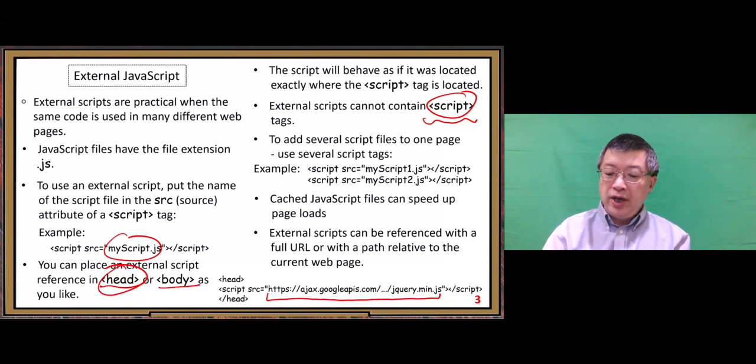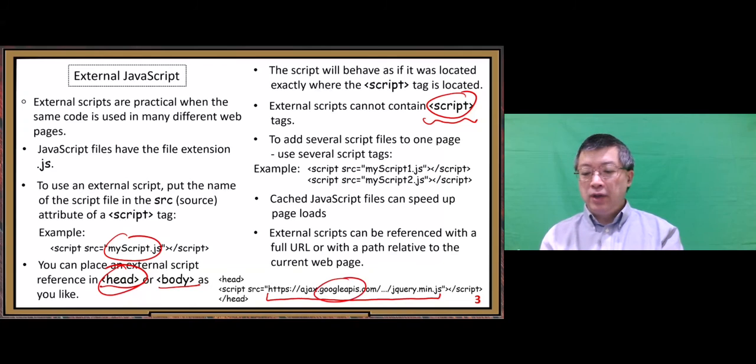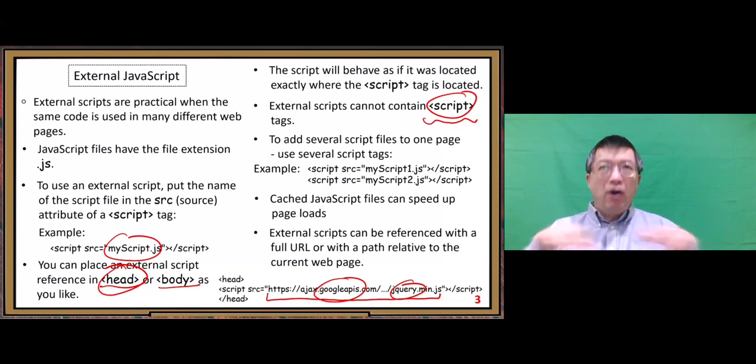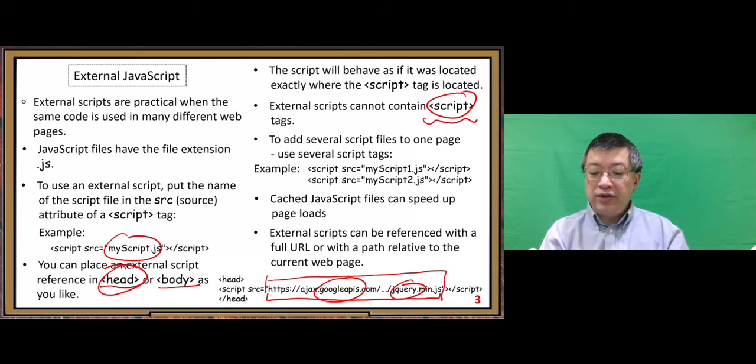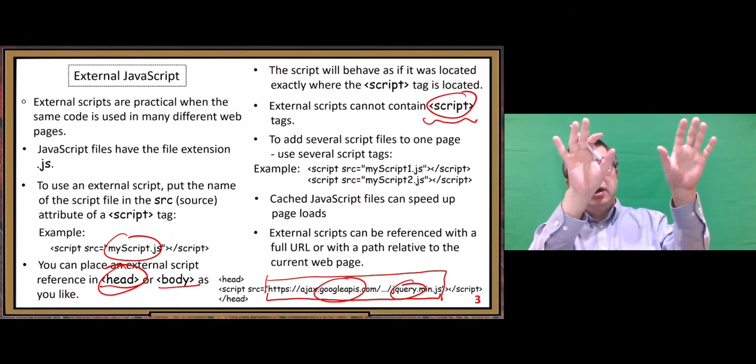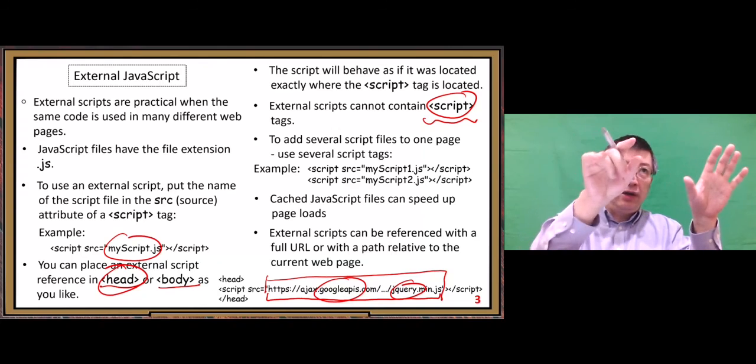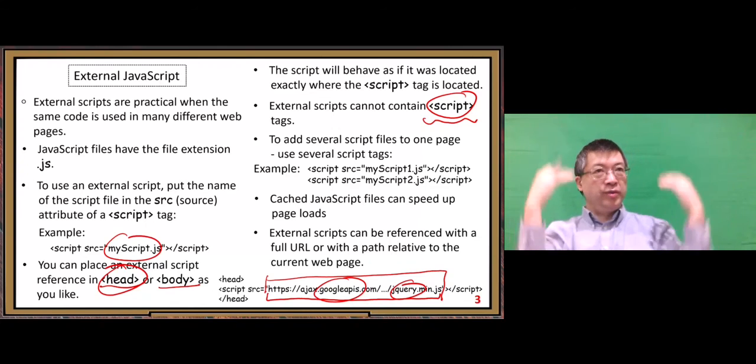So here we use the Google jQuery. We feel no problem, so we can use that. In this way, we do not need to download the whole JavaScript code. If you want, you can download it, right? If you just put this URL in the web browser bar and hit enter, this JavaScript will be loaded.